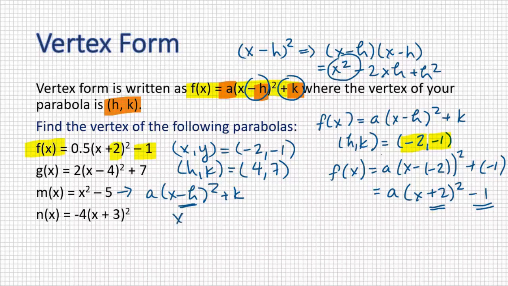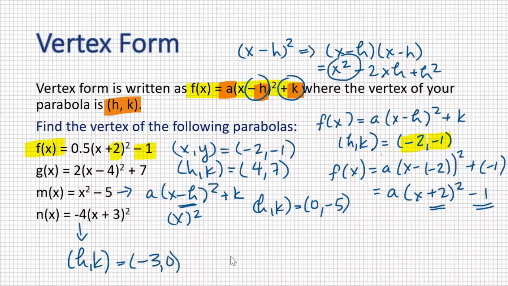If the value of h is 0, we get (x minus 0) all squared, so that's where the x squared comes from. So for m of x, the vertex is (0, -5). And finally, for n of x, we have a similar problem. This time we don't seem to have a value for k. That means that the value for k is 0. So (h, k) in this case is (-3, 0). The vertex sits on the x-axis.